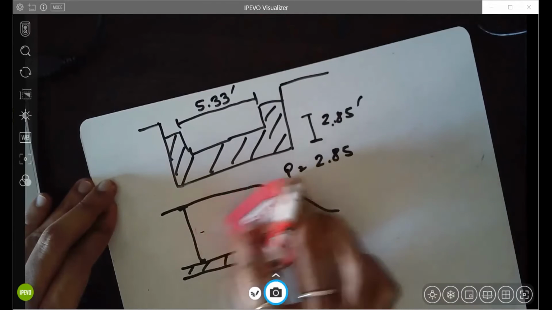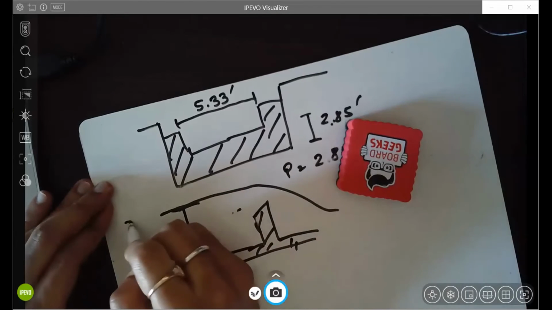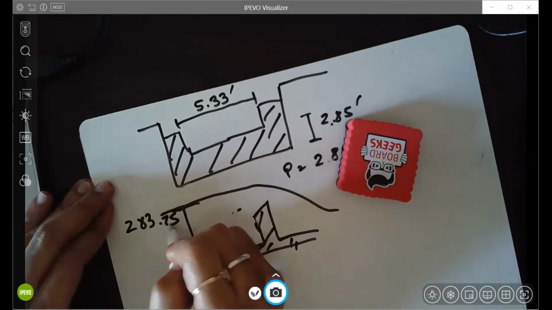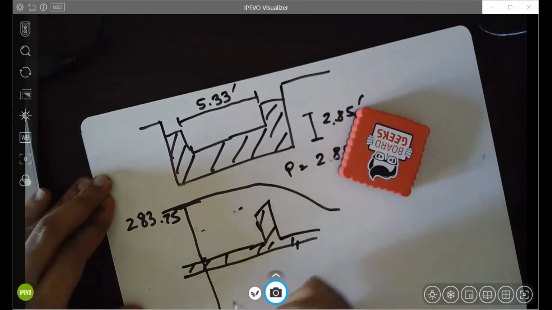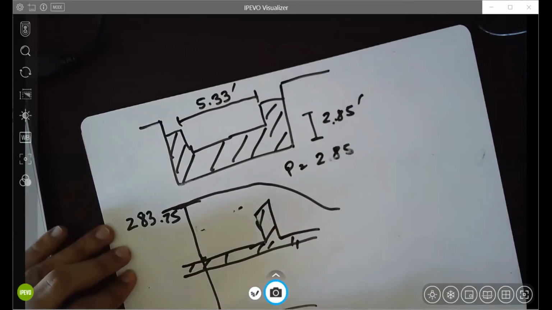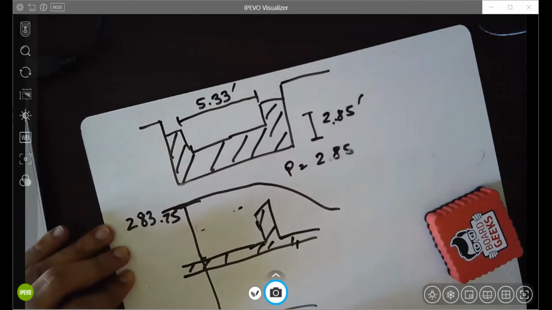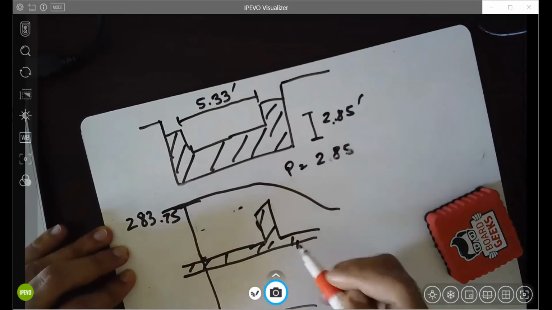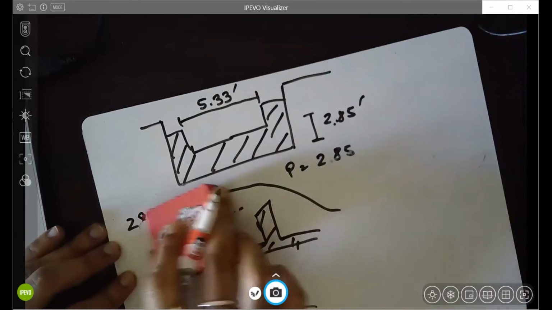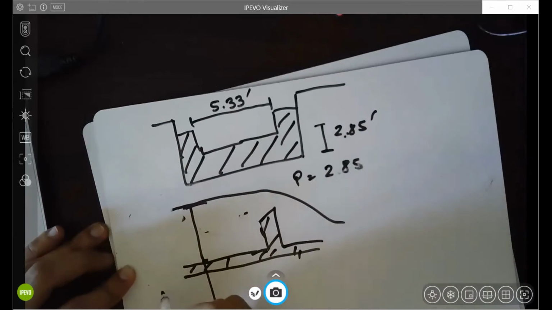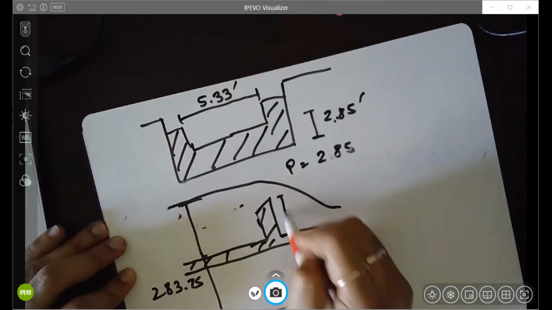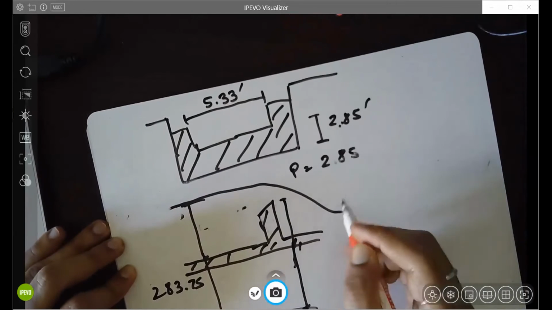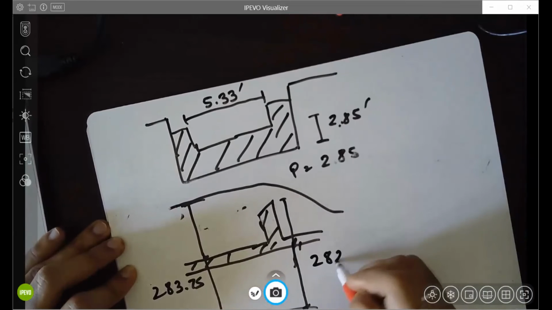It's not exactly this; it's basically the actual height. 283.75 is its actual elevation from mean sea level. From mean sea level, the height of the water column is 283.75. That's how you understand it. This is 282.